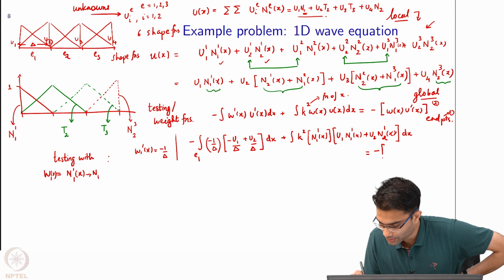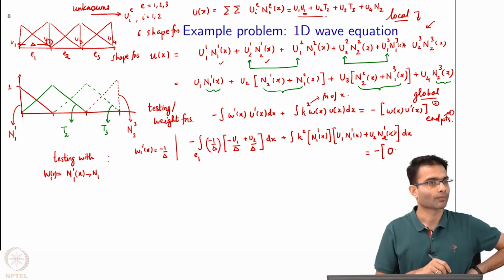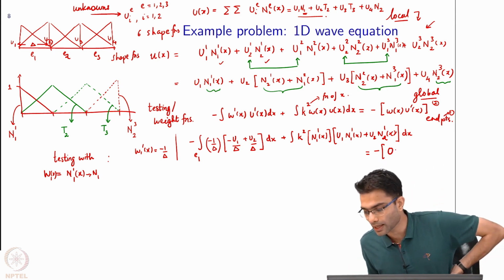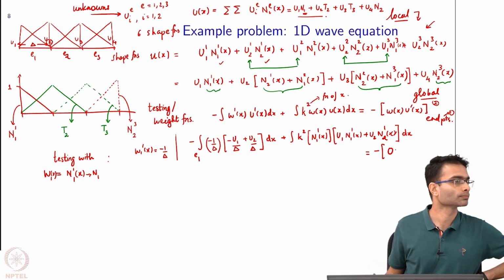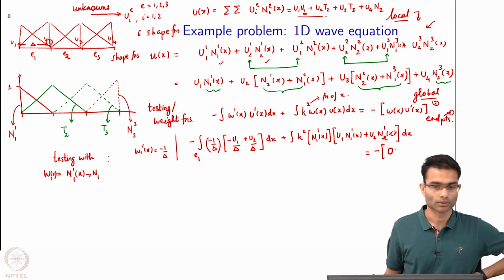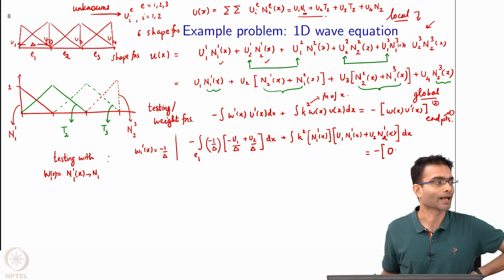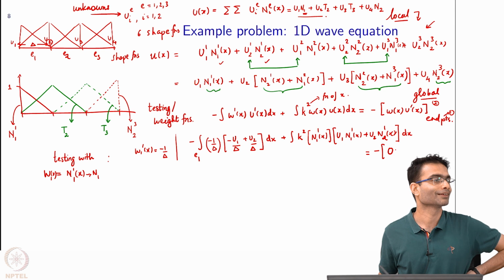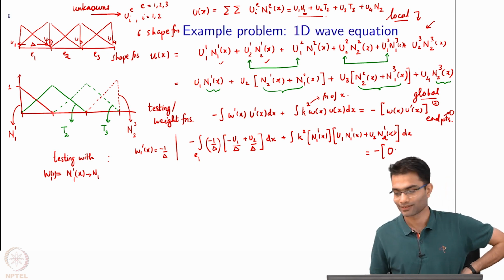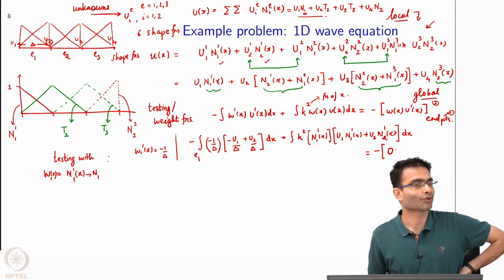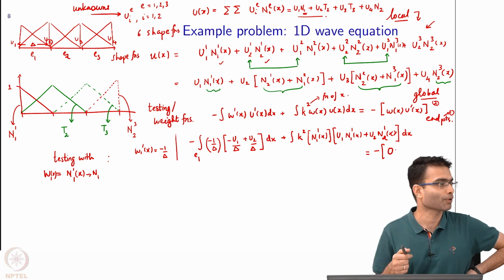So I have a minus 0. What is the value of wx at node 1? 1. What is the value of u prime x at node 1? It's a trick question. u2 is not going to appear. So all of you, what you are doing is you are looking at the form of ux, taking the derivative and telling me what it is.